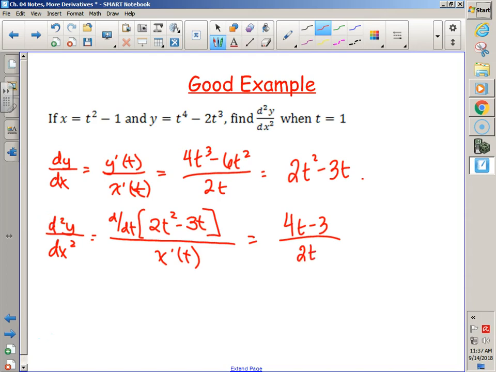If you're trying to solve for it such that t equals 1, four minus 3 is 1 half. What does this mean? The slope of a parametric path at t equals 1 is equal to 1 half. Not the slope, I apologize. The concavity of the path when t is equal to 1 is positive, is up, I should say.